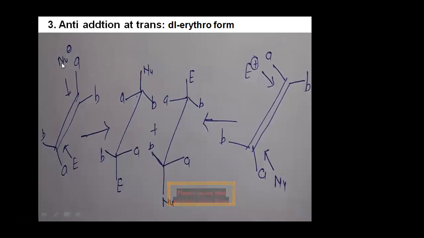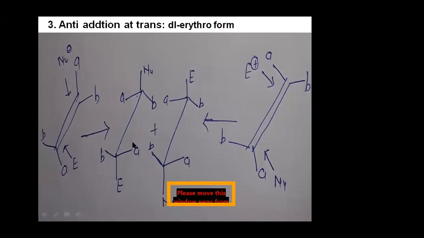Now anti means one attacking group comes from above the plane, and the second attacking group comes from below the plane. If Nu comes from above the plane, then it attacks the upper part. And if E comes from below the plane, then it comes at this position. They are now in a staggered form.